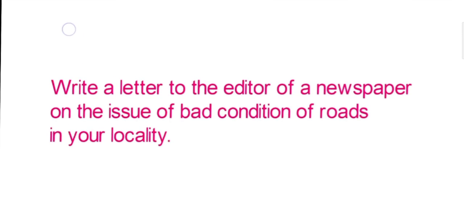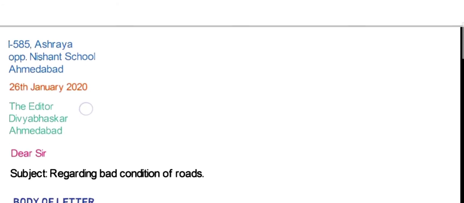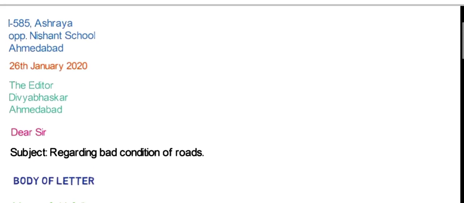There is an example for you. There is a question: write a letter to the editor of a newspaper on the issue of bad condition of roads in your locality. This is a complaint type of letter. So how to write it? Firstly, mention the address of the sender: 585 Ashray, opposite Nishant School, Ahmedabad.